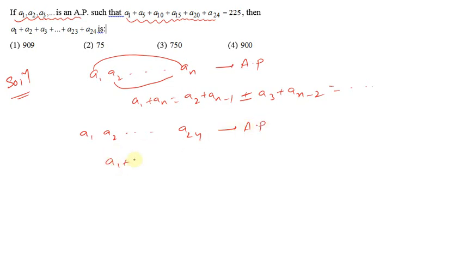Now a1 plus a24 is always equal to a2 plus a23, and is equal to a3 plus a22 is equal to, and so on. Now come to this expression. a1 plus a24 value is always equal to, by adding these two indices, 3 plus 22 is 25, 2 plus 23 is 25, 1 plus 24 is 25.